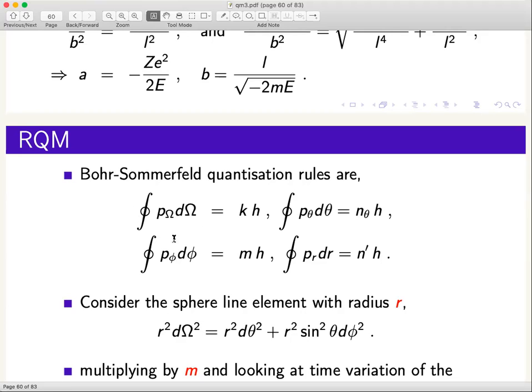The angular momentum quantization rule is this, which we had already encountered earlier. The theta part of the angular variable is quantized in terms of n theta. The azimuthal piece is quantized in terms of m, and the radial piece is quantized in terms of n prime.